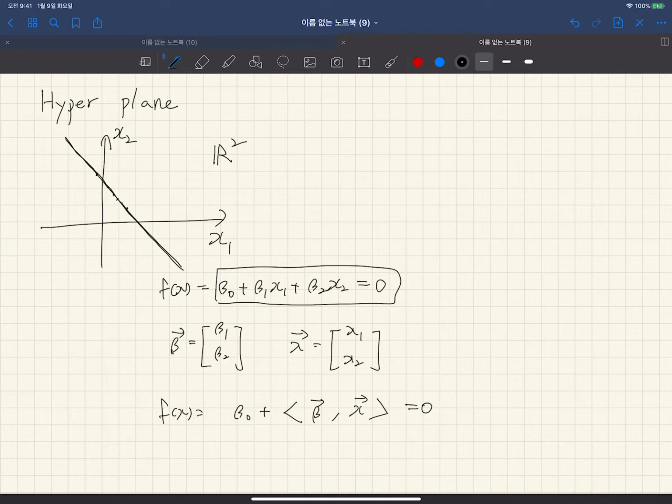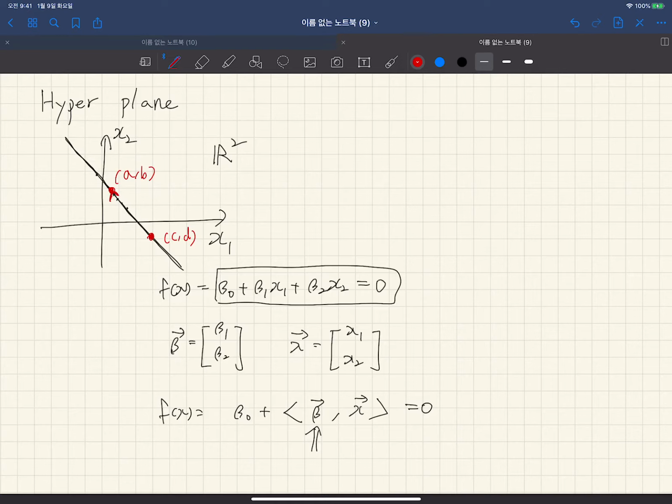Then what is the meaning of this beta vector? Essentially, let's say this location is (a, b), and this location is (c, d).